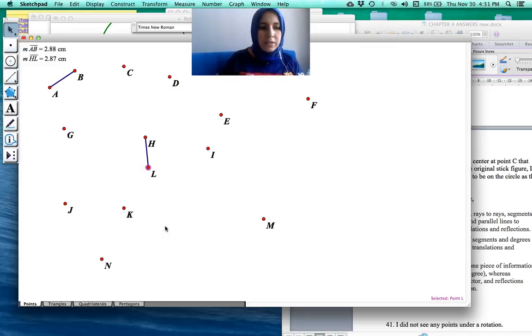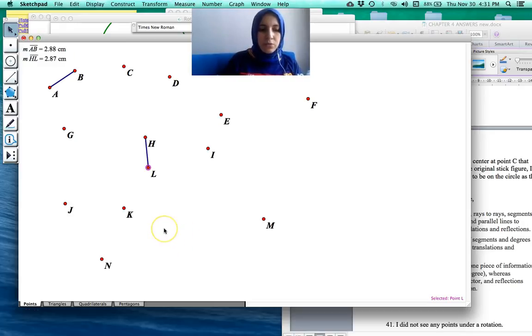And also we can say from J to N there's a reflection, and the perpendicular line passing through the midpoint of JN is the line of reflection. From J to M, there's a reflection, and the perpendicular line passing through the midpoint of JM is the line of reflection.